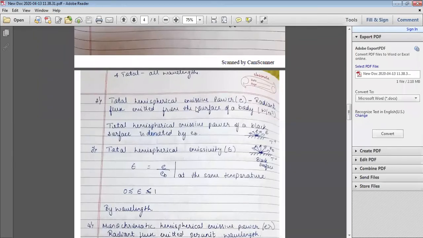I repeat, the total hemispherical emissive power is the radiant flux emitted from a surface of a body, and it is given by watt per meter square.